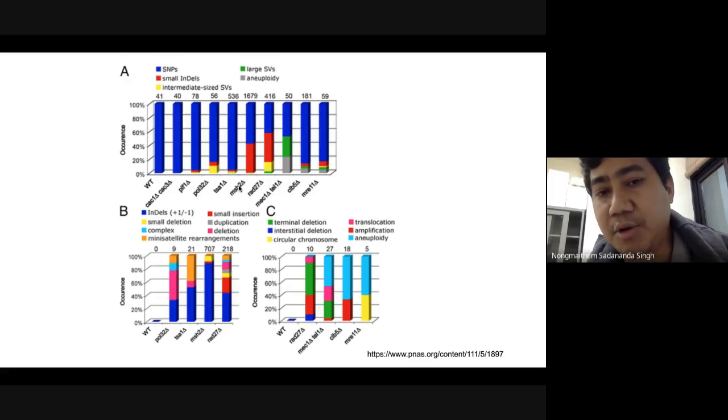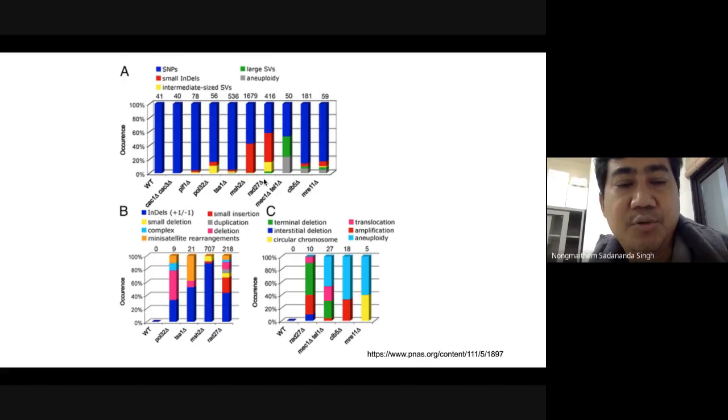Again, this is homologous recombination. If you attended Nissan's classes, MSH is very much there in his lectures. And then RAD, again, another pathway of DNA repair.